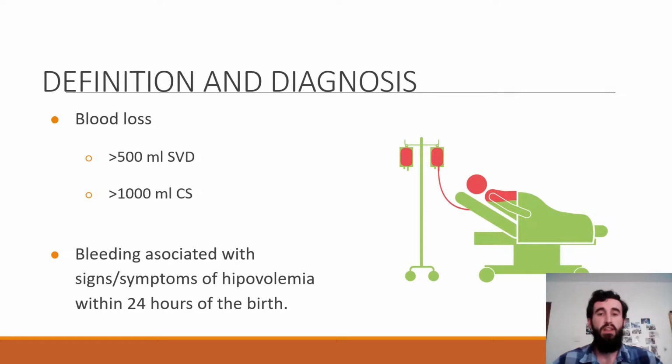So about the definition and the diagnosis, PPH is defined as blood loss over 500 ml, a half of a liter, in a spontaneous vaginal delivery, and over 1000 ml in a C-section, in a cesarean section. But it is also defined as bleeding associated with signs and symptoms of hypovolemia within 24 hours of the birth.